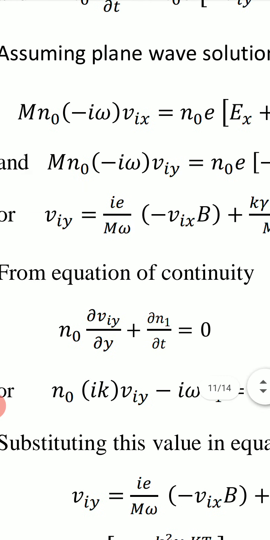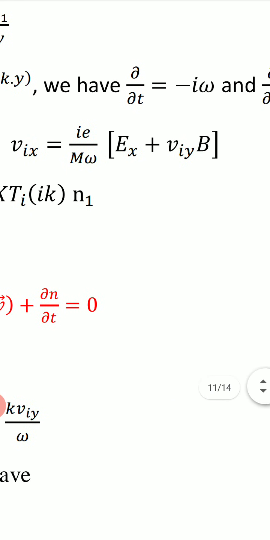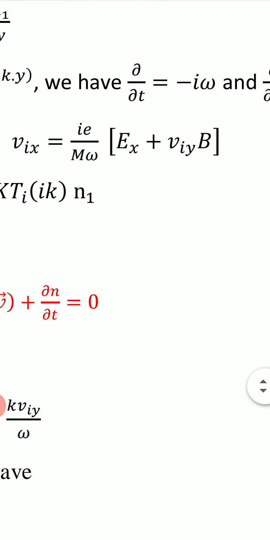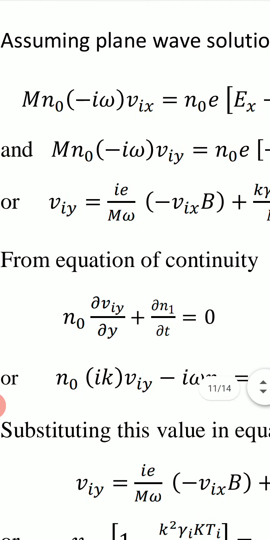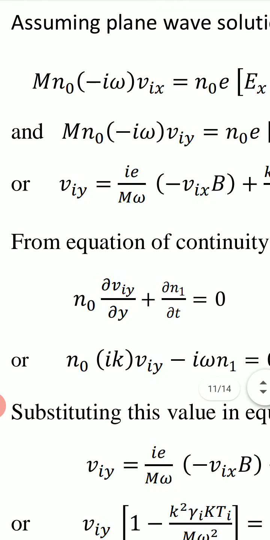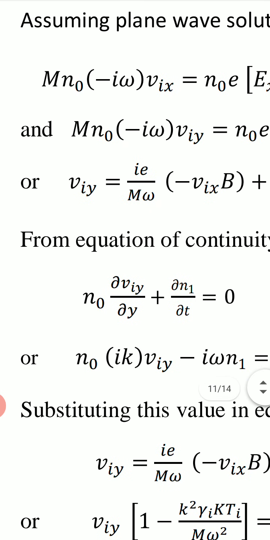The value of Vix in terms of Ex, Viy is given by the first equation, which is equation 5, and now we write for Viy.